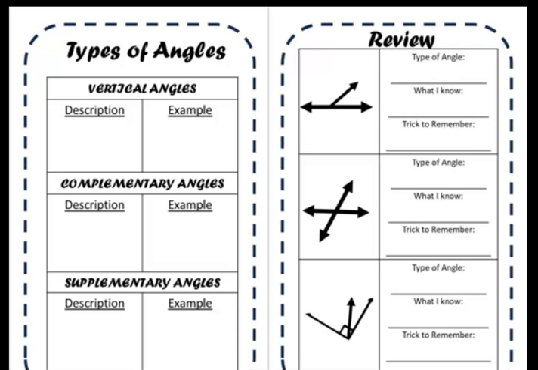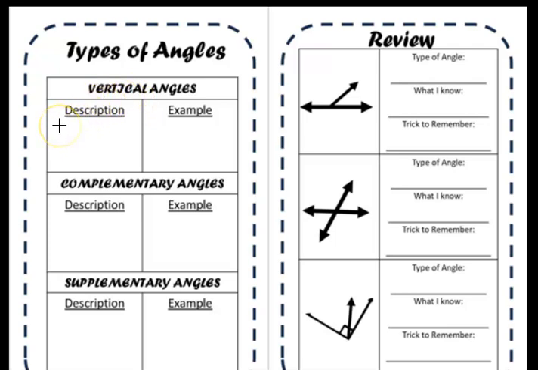All right, so the first thing we're going to talk about is the three different types of angles that we focus on in this unit. And that is vertical, complementary, and supplementary. And I've got some tricks to help you remember which ones are which. So the first thing we're going to look at is vertical angles.